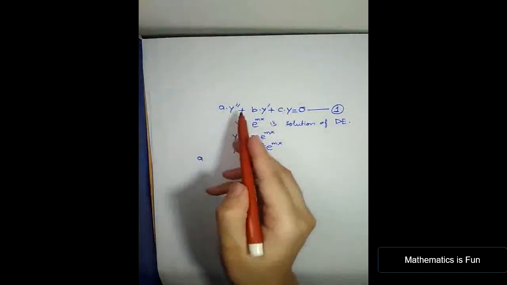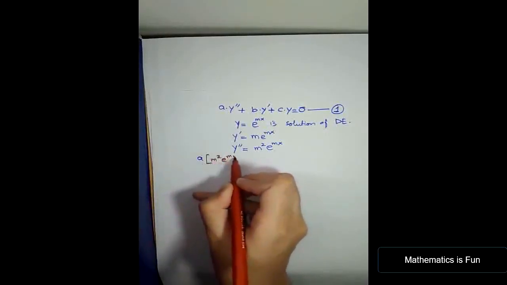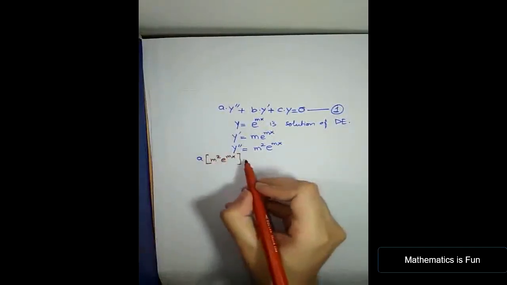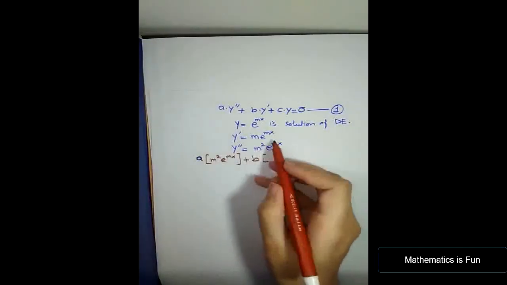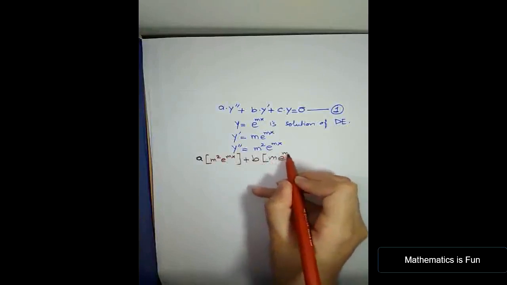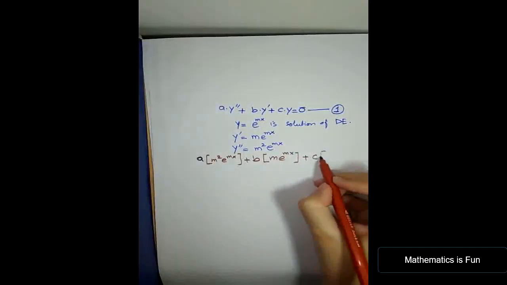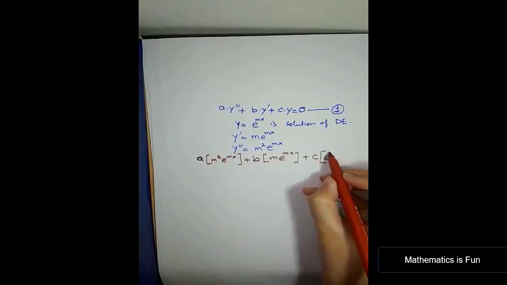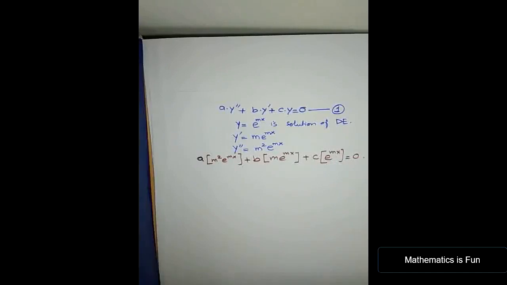It becomes a into y double dash, which has value m square e to the power mx, plus b into y dash, which is m e to the power mx, plus c into y, which is e to the power mx, equals to 0.